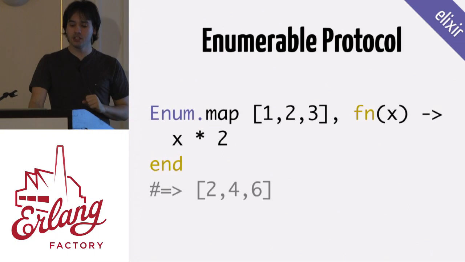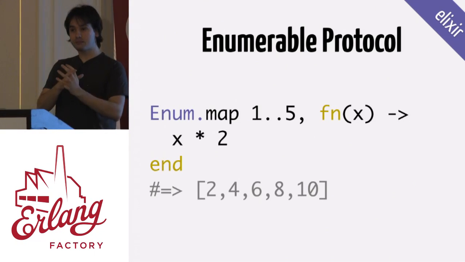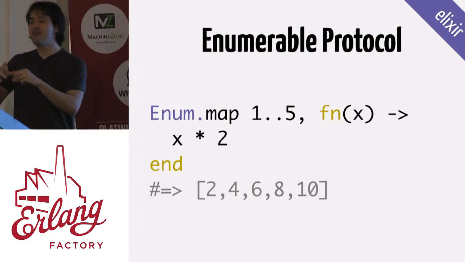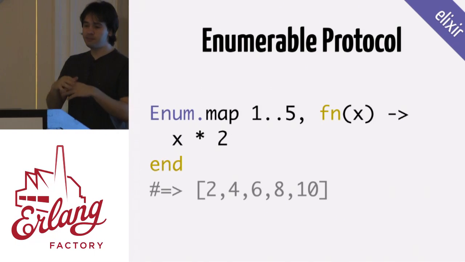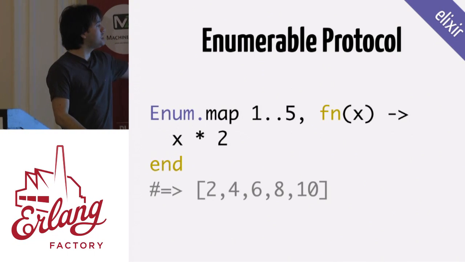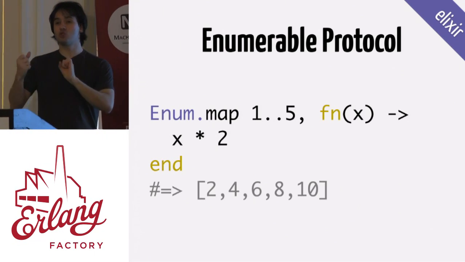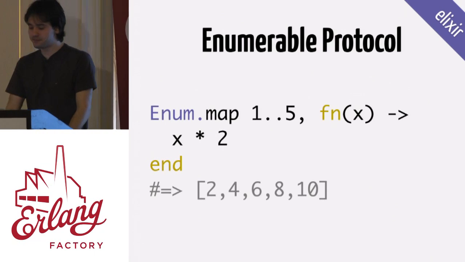But the same function can be used to map over a range. And if you define a new collection, a new abstraction, a special queue, a special array implementation, you can teach the Enum module that comes with Elixir to work with your data types, right? You don't need to re-implement all those APIs.